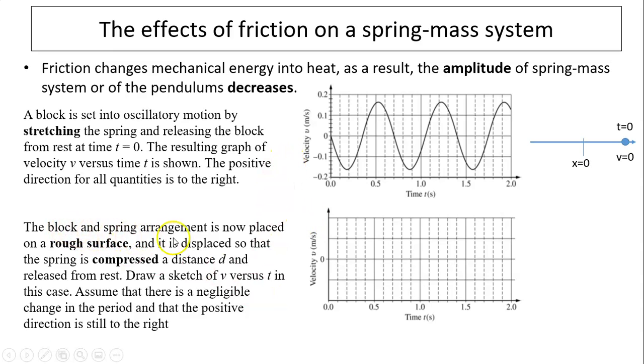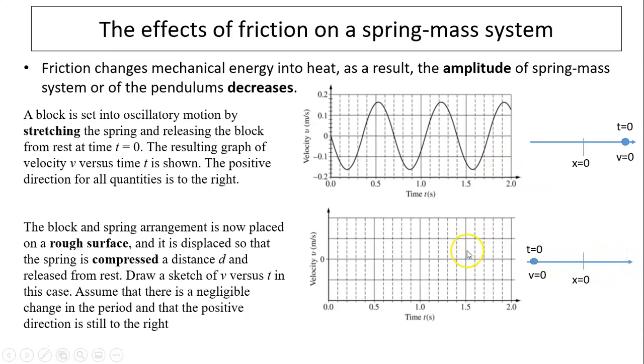Now, the block and the spring arrangement is placed on a rough surface and is displaced so that the spring is compressed. Now it's going to be over here and released from rest. What does this graph look like? So you start, v is still 0, but v is going to start to be positive because it's going to move to the right.